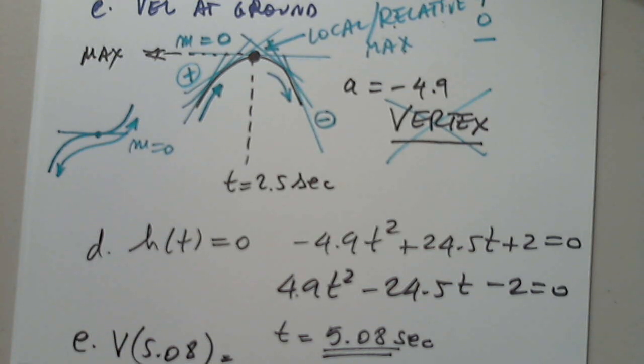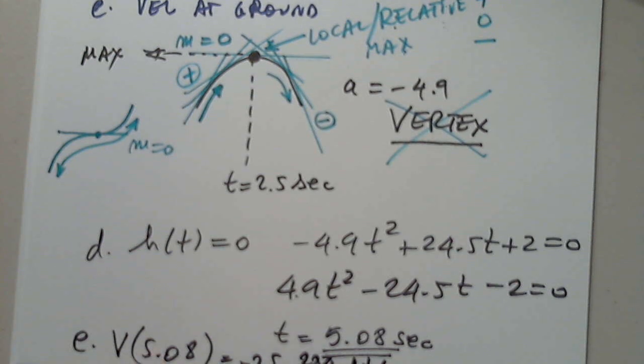So I go to, see, this is the first one. And in this one, I have to punch in 5.08, and that's in the velocity. So negative 25.284 feet per second, which means it's coming down, not going up.